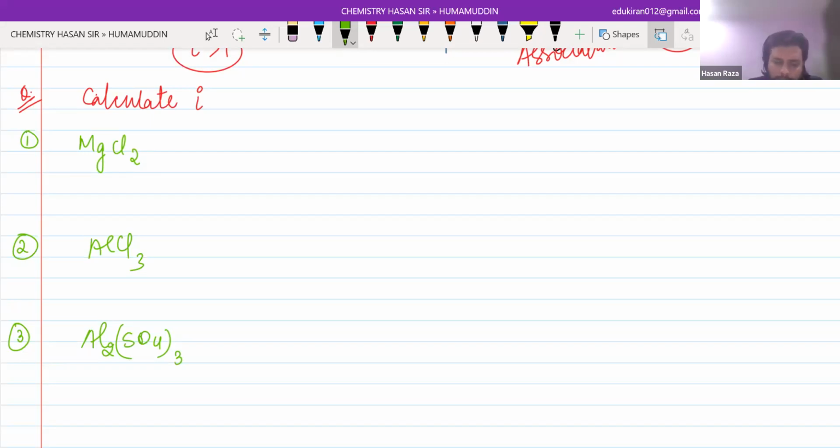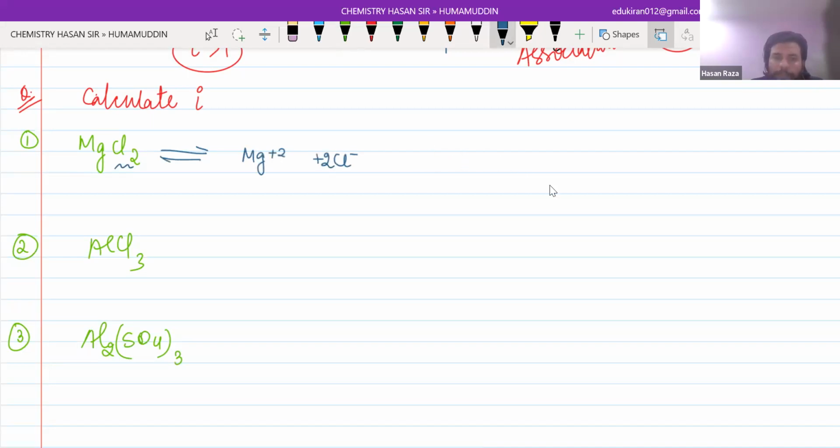What is the value of i for MgCl2? No, it's wrong. You have to dissociate it first. Mg will have a +2 charge and Cl will have a negative charge, but you have to balance it. 2 chlorine is there, now it is balanced.